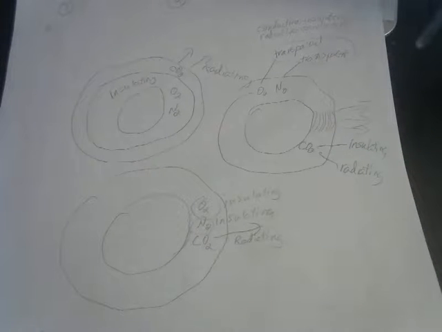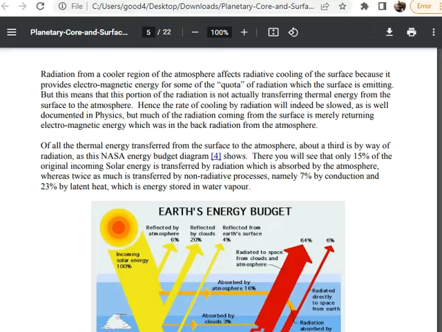It's actually the oxygen and nitrogen that have the special ability of allowing the radiation to pass into space, while the carbon dioxide actually blocks it. So we'll move on now and read a bit more of the paper.